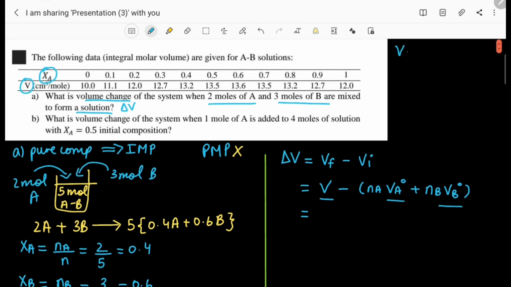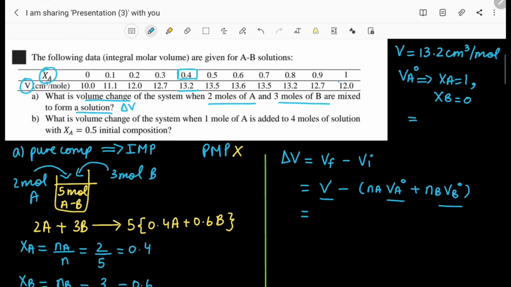To find V, we go to our equation and we see that we have 0.4 as the mole fraction of A. So we go to our table at 0.4, and we can see that we have 13.2 as the integral molar volume. We write that down over here. To find the pure component A volume, we look at when the mole fraction of A equals 1 or the mole fraction of B equals 0, as it's a binary system.